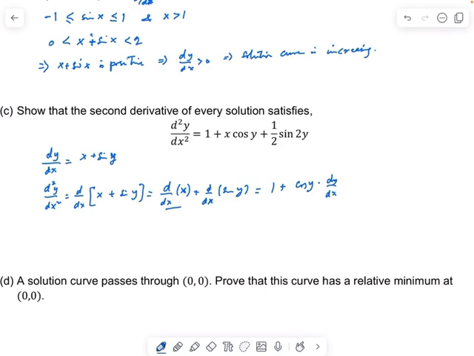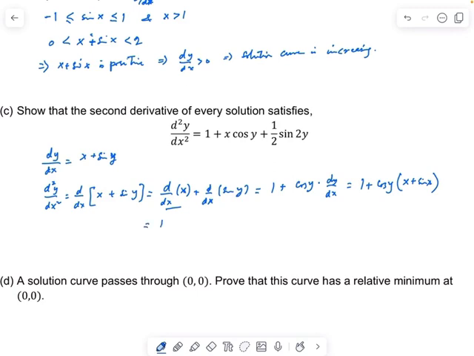Okay, but now we can simplify this further. I could say 1 plus cosine of y, because we already know what the value of dy by dx is. So we replace the dy by dx by that quantity and then just distribute.